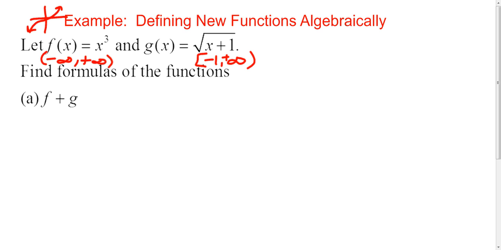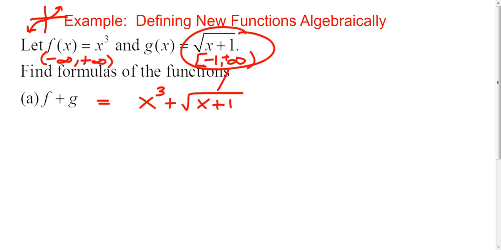So I know that when I add f of x and g of x, I am going to take x cubed and I will add the square root of x plus 1. And this piece gets inherited right down there. So I know that my domain of this entire function, when I add them together, has to be at least that. And I may need to place even more restrictions on it based on what it looks like when I simplify it.